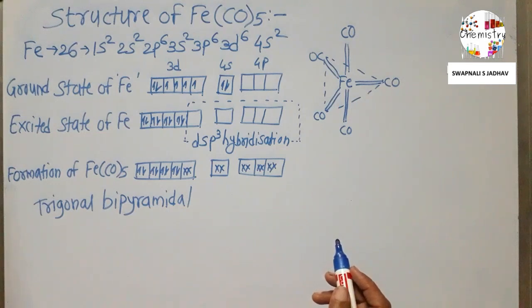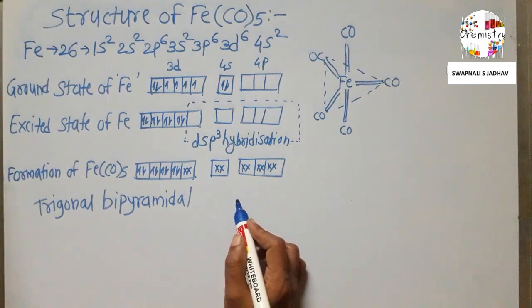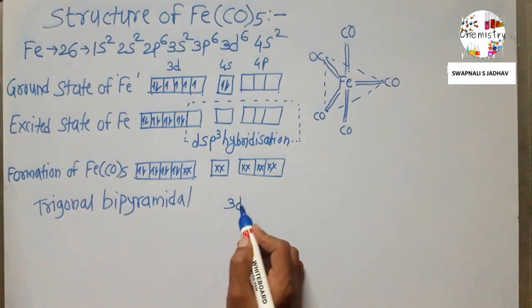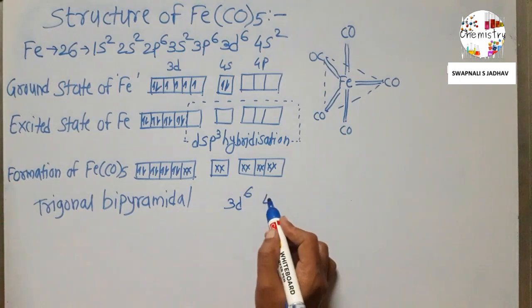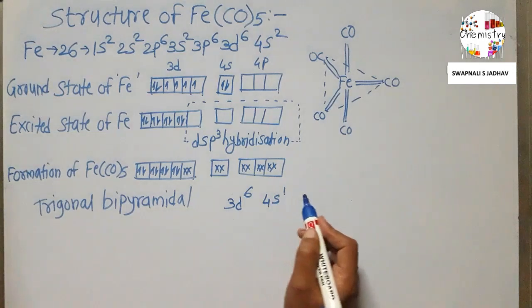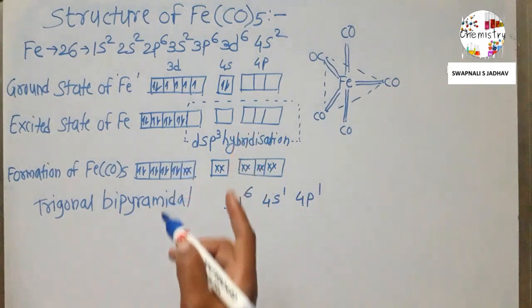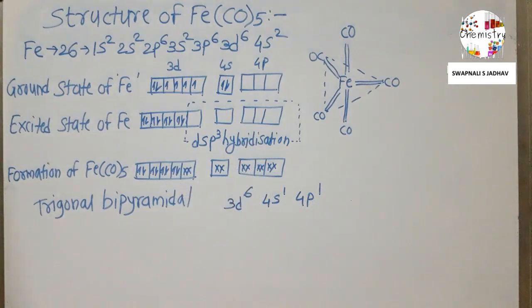Okay, so according to the recent concept, the electronic configuration of iron can be written as 3d6 4s1 4p1. One 4s electron is transferred to the 4p orbital.